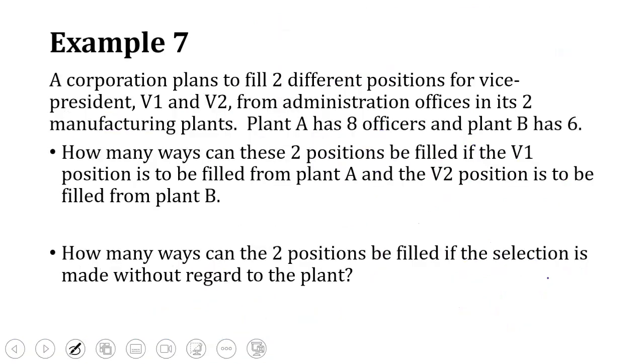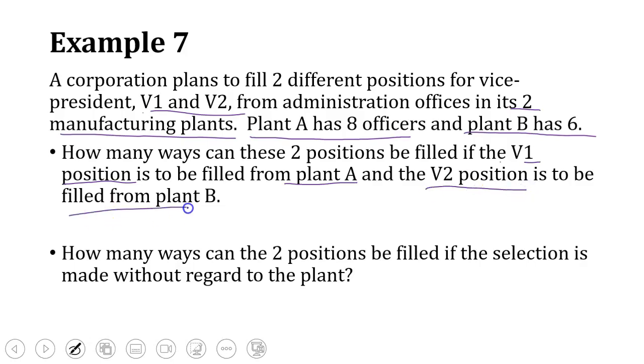All right, problem number 7. A corporation plans to fill 2 different positions for vice president, V1 and V2, from the 2 manufacturing plants. Plant A has 8 officers and Plant B has 6 officers. How many ways can these 2 positions be filled if V1 position is filled from Plant A and V2 is filled from Plant B?